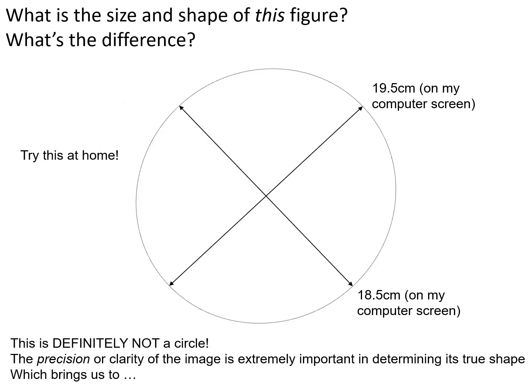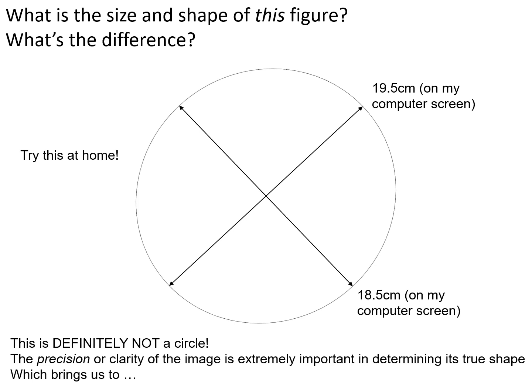Having considered the size and shape of the previous figure, well, how about this picture? What is the size and shape of this figure? You might be able to see a little more clearly that it's not quite so symmetric. It's a little bit oblong. So what's the difference between the previous shape and this shape?